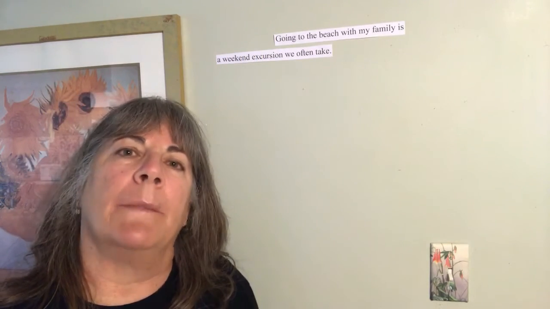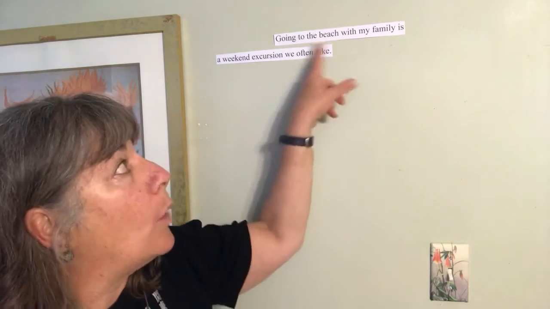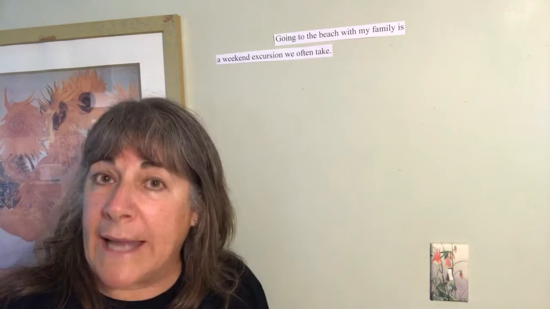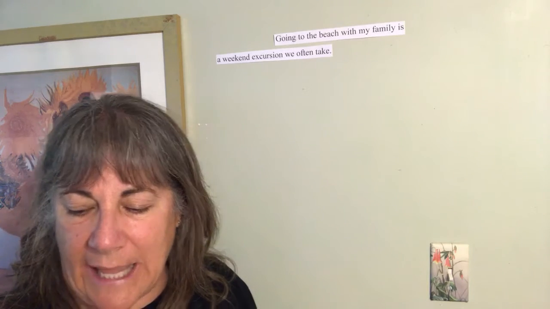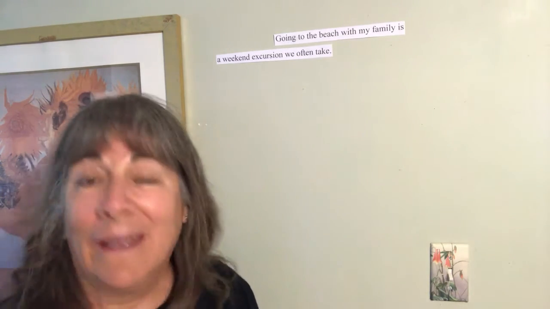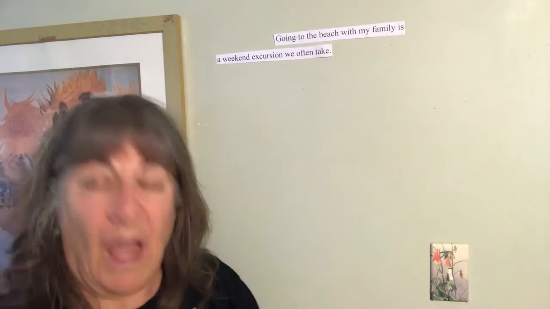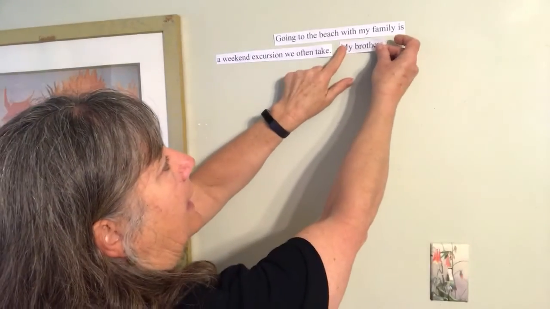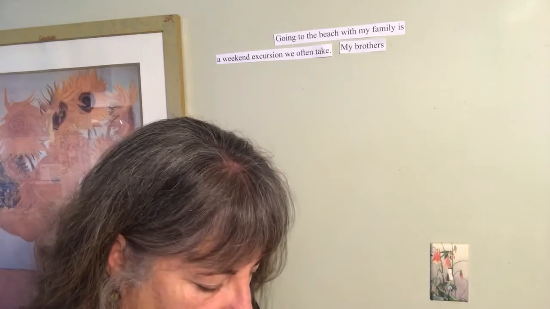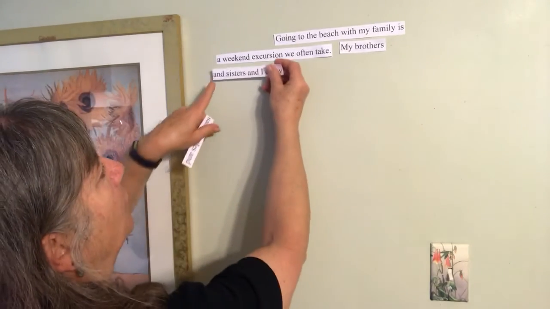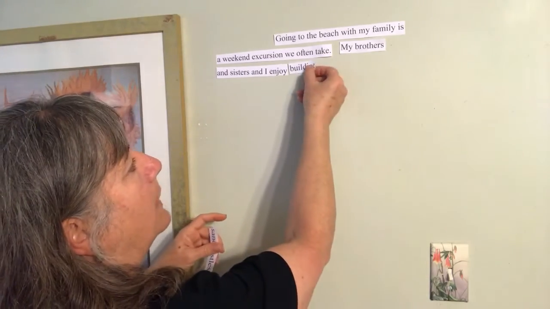All right, so now we have to come up with some supporting or detailed sentences. What can we say about going to the beach with the family? Well, one idea I came up with is, "My brothers and sisters and I enjoy building sandcastles and burying each other in the sand." Is that something that might support going to the beach with your family? I think so. So let's go ahead and get these put up.